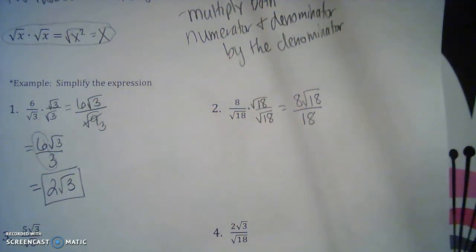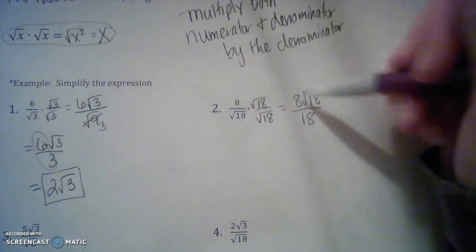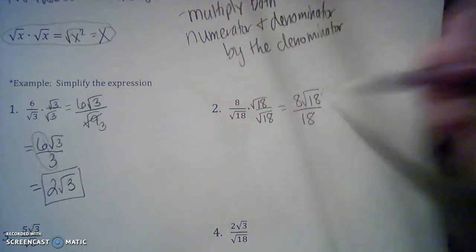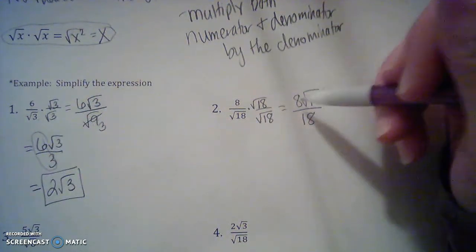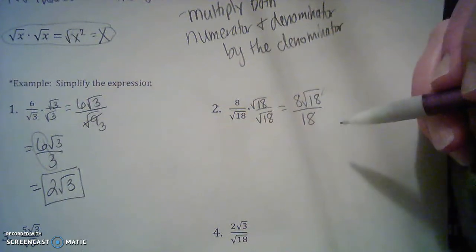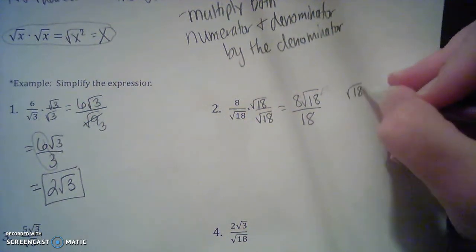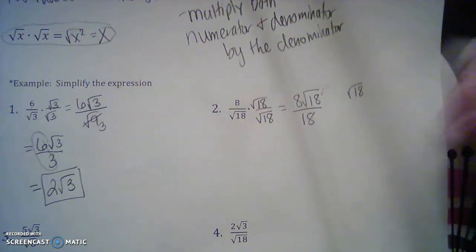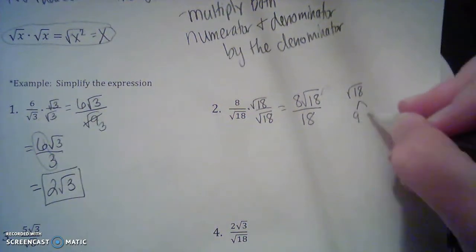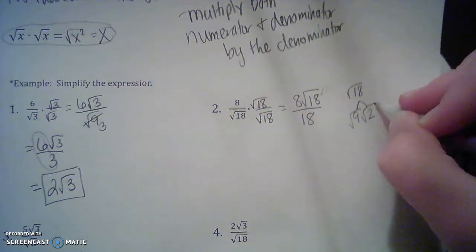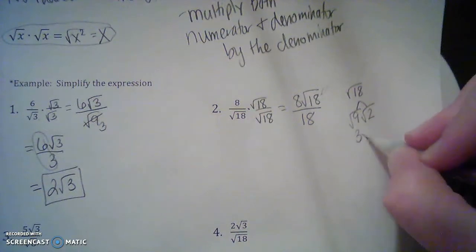So you can either simplify this right now, or you can combine them, simplifying the square root of 18 with the 9 or with the 8 before simplifying. That's going to be up to you. Off to the side, I'm going to remember to break down the square root of 18: 9 times 2 square root, 3 square root 2.